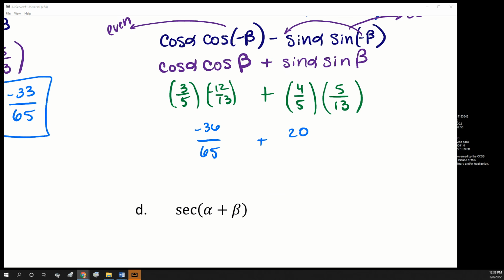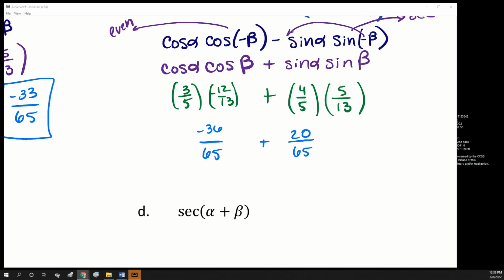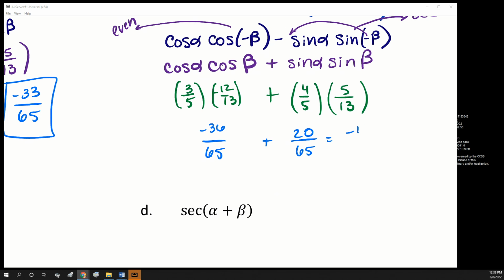And then we are just multiplying our numerators and our denominators together. We're not going to reduce because multiplying it this way will automatically have a common denominator. And then when we add, we should get negative 16/65. All right. Any questions?